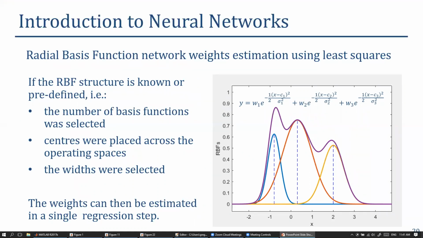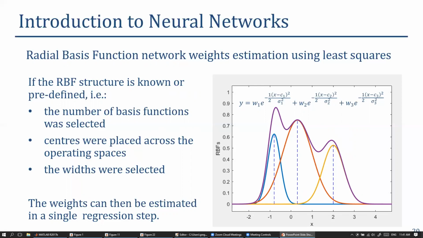So we use least squares to find the weights. Before, we used optimization and the things went right, and then it was found. But now there is an approach where we can find it in a single step. So basically, all the weights get found immediately.